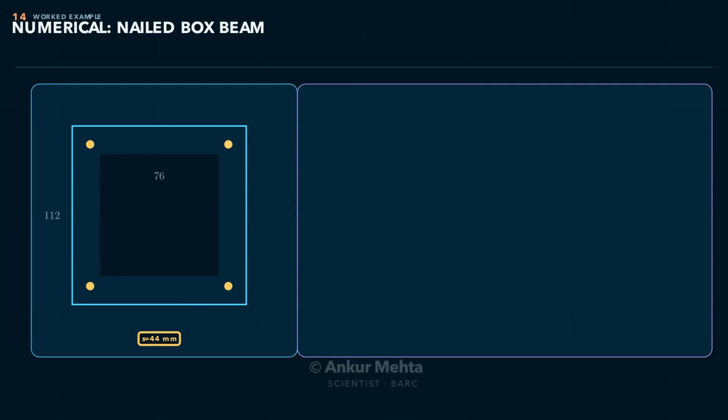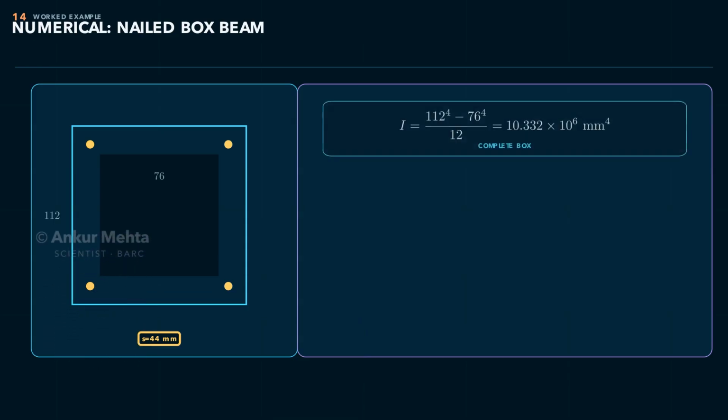Consider the box section shown with outer dimensions 112 mm, inner dimensions 76 mm, nail spacing 44 mm, and shear force 2.5 kilonewtons. For the top board, A prime is 76 times 18 square millimeters and its centroid is 47 millimeters from the neutral axis.